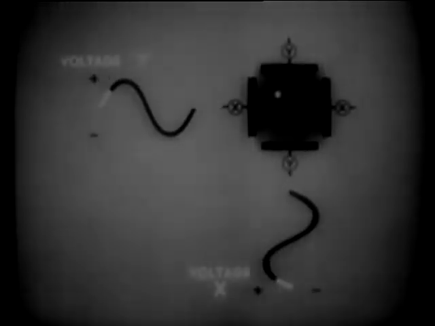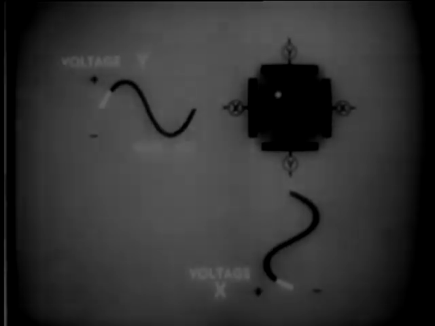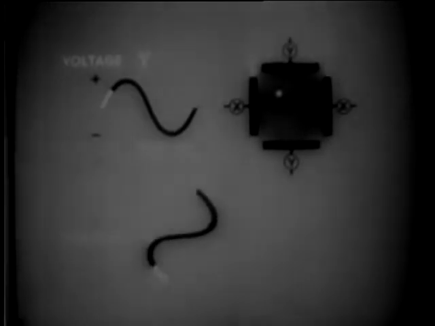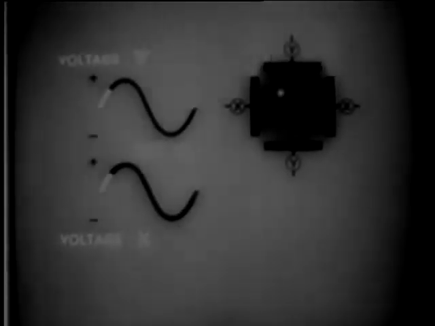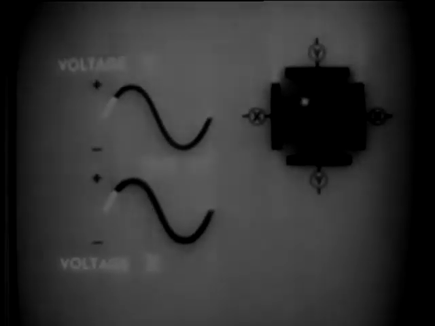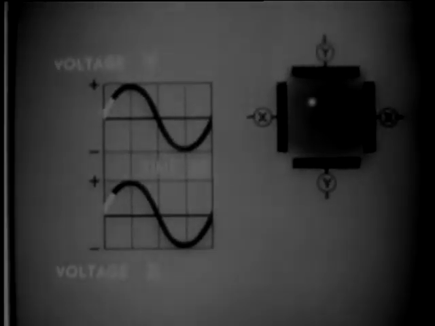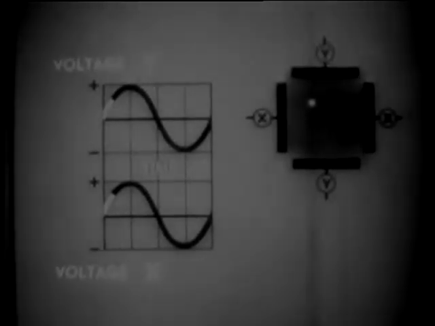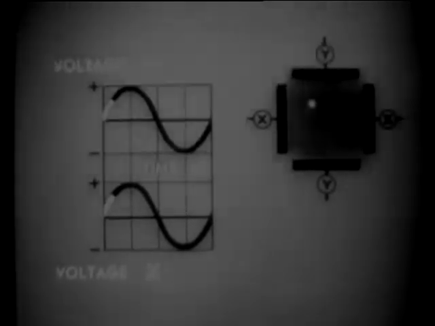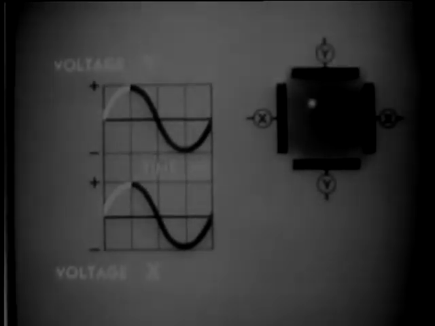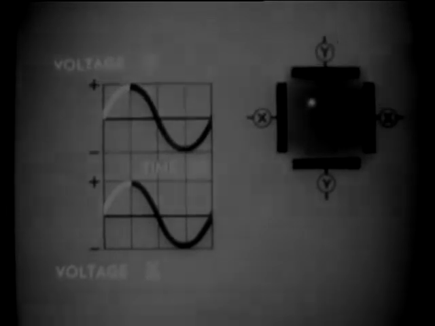Now, since these voltages are going to be applied simultaneously, we can watch them more easily if we put one below the other. And to compare the movement of the voltages at any one instant, we'll put a grid over them. Let's see what happens when voltages X and Y both reach their positive peaks together. The beam is deflected to its extreme diagonal position.